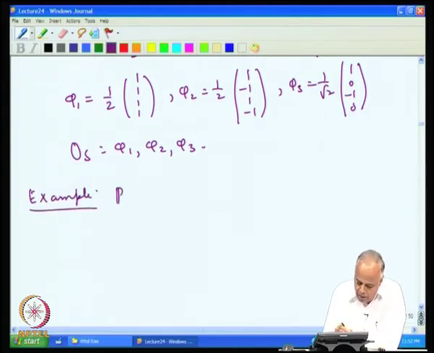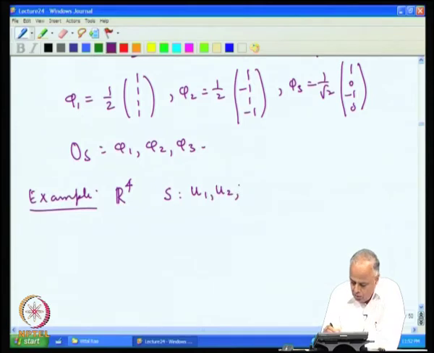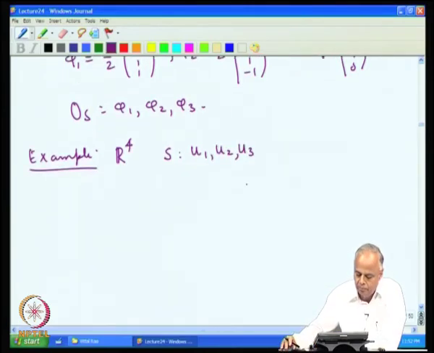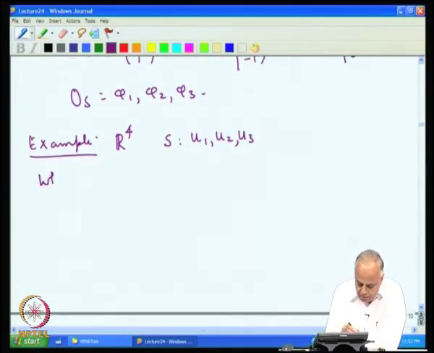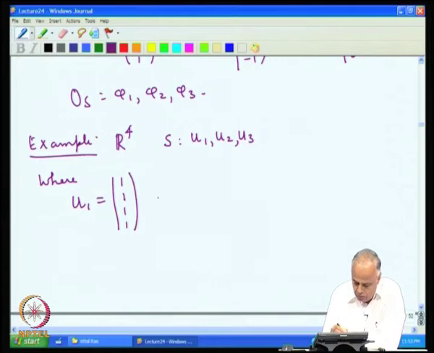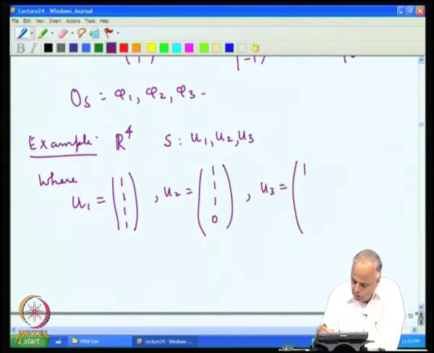Let us take again R4 and let us take the set S to be u1, u2, u3, where u1 is 1, 1, 1, 1, u2 is 1, 1, 1, 0, u3 is 1, 1, 0, 0.